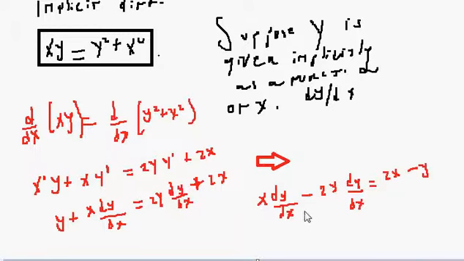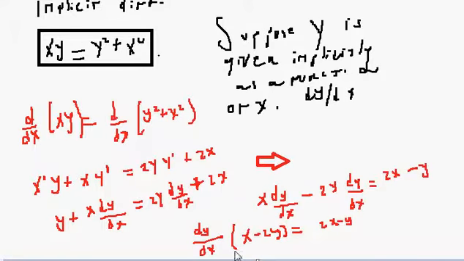Now what I'm going to do is factor dy dx from the left, and then solve for dy dx algebraically. This becomes dy dx times x minus 2y equals 2x minus y.